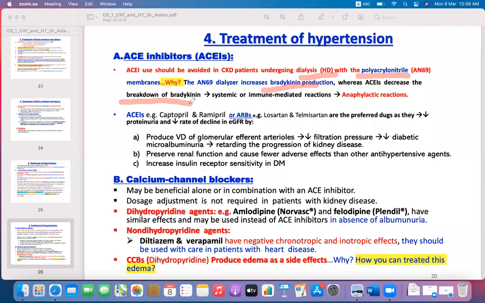And both these actions increase the bradykinin level, causing a systemic or immune mediated reaction, and lead to anaphylactic reactions. That's why angiotensin converting enzyme inhibitors should be avoided if the patient is undergoing hemodialysis with polyacrylonitrile membrane.